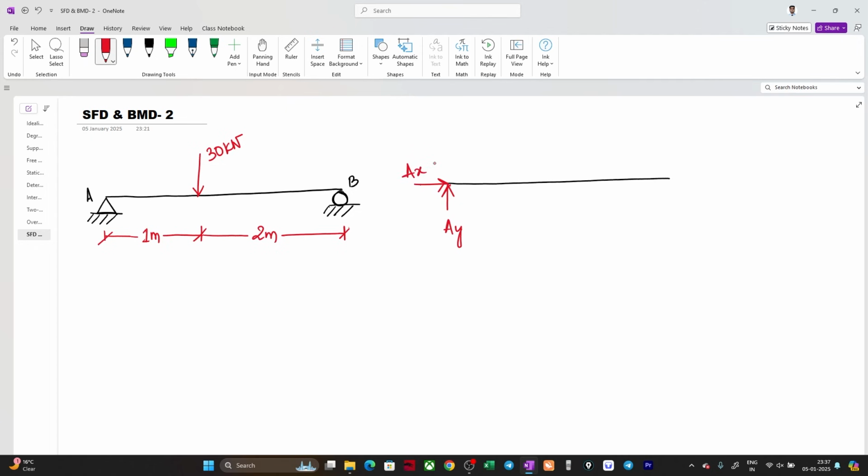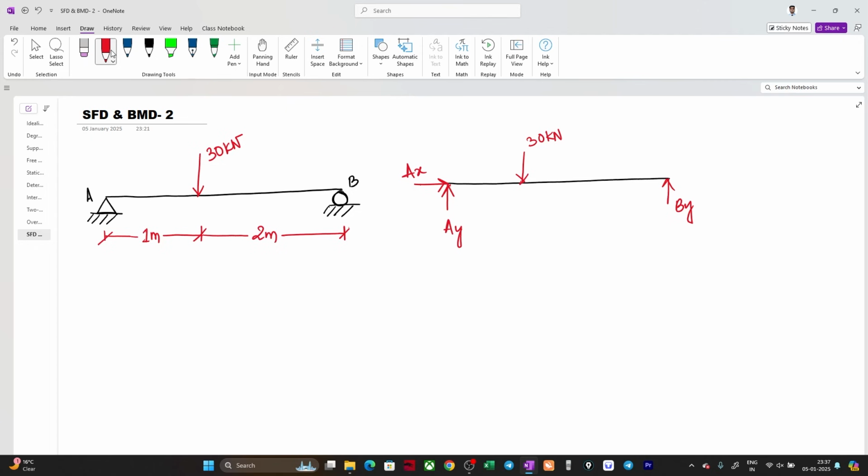Then AX, and we know it is going to be 0 again. Then we have the 30 kilonewton load, and then we have the reaction BY here. The distances are 1 meter and 2 meter. I am not drawing it, we know it already.